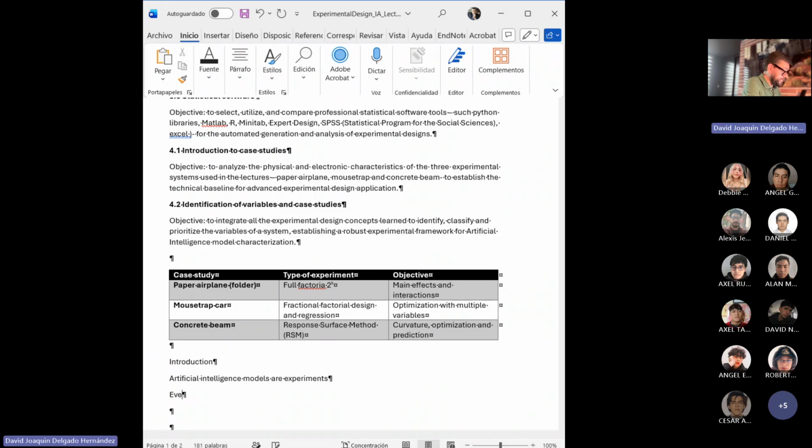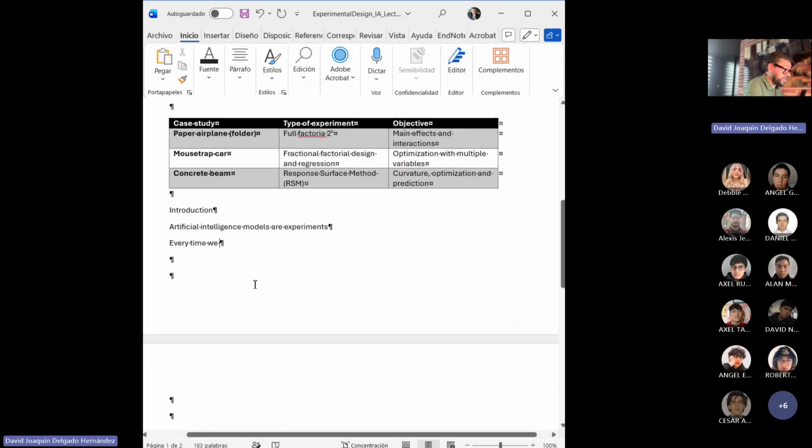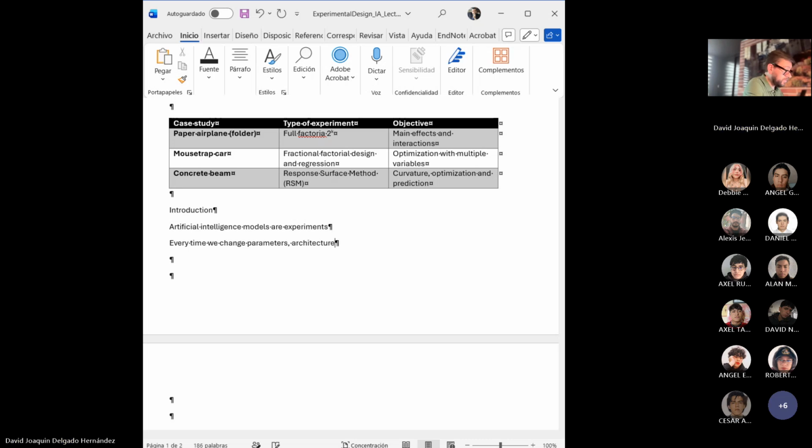Every time we change parameters, architectures, data sets, or sensors, we are designing an experiment.